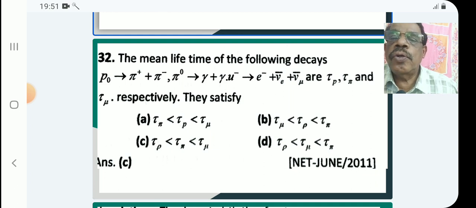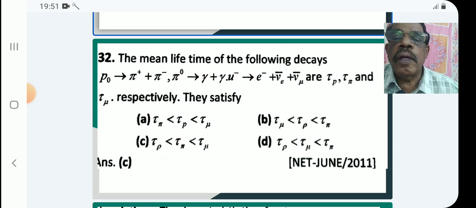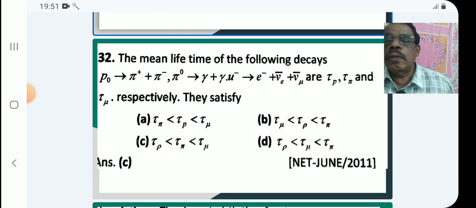And the mu minus gives e minus plus electron anti-neutrino plus mu neutrino. Tau p, tau pi, and tau mu are the lifetimes of the proton, pi meson, and mu meson respectively.